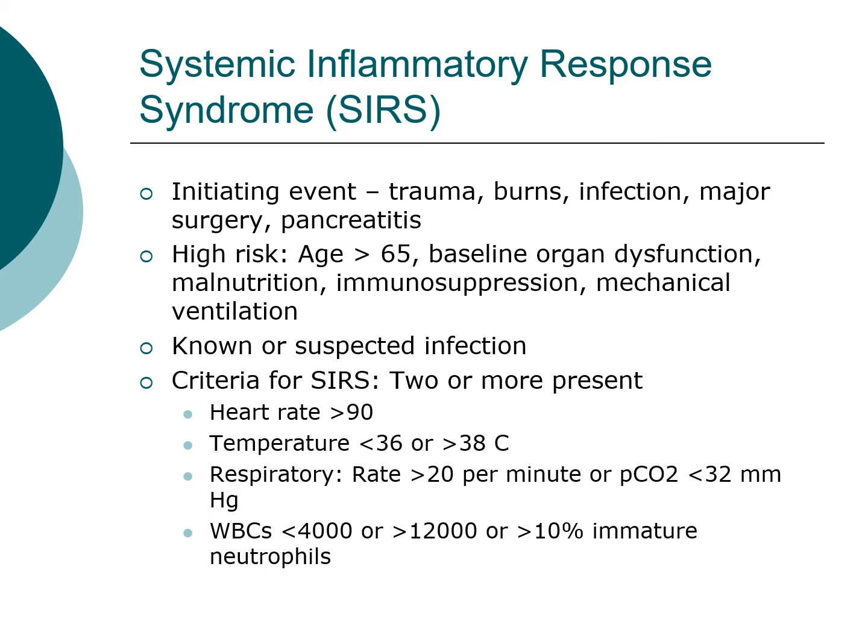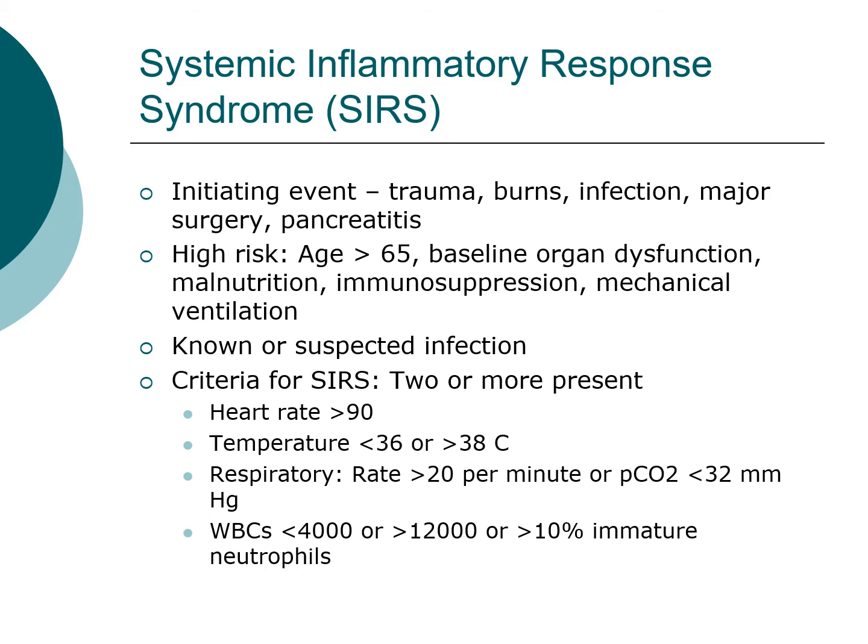If there's baseline organ dysfunction, so that would be underlying respiratory, cardiac, diabetes dysfunction, that could certainly put someone at high risk, those that are malnourished, those that are on ventilators. And you see with our patients with COVID that this is the population they're saying is high risk, and to stay isolated and to be careful regarding their exposures.